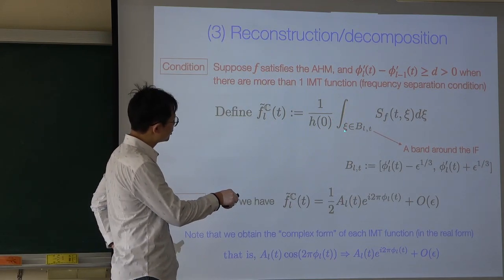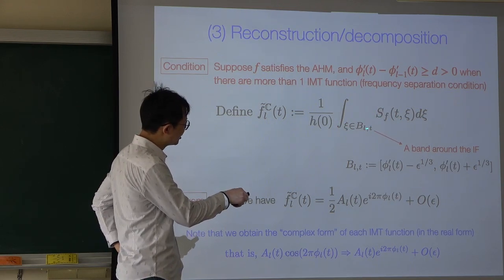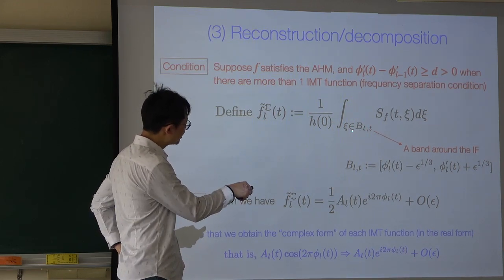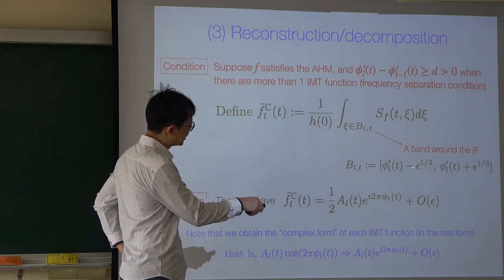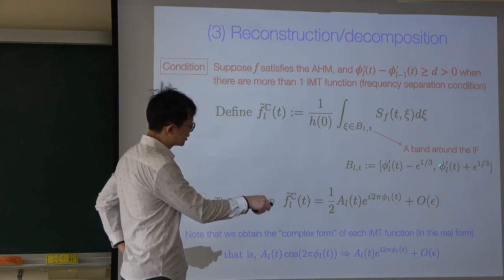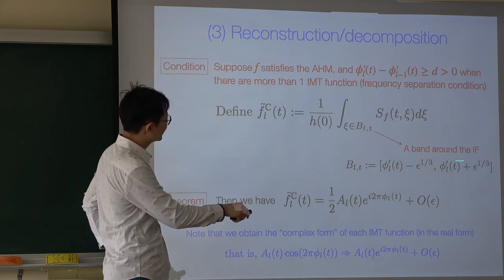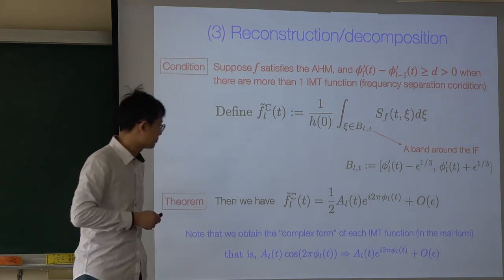We do an integration of the synchrosqueezing over a band at time t, and this band is the ℓ-th band, which comes from the instantaneous frequency minus epsilon to the instantaneous frequency plus epsilon. So this is a band around the instantaneous frequency, and you do the integration, do some normalization.